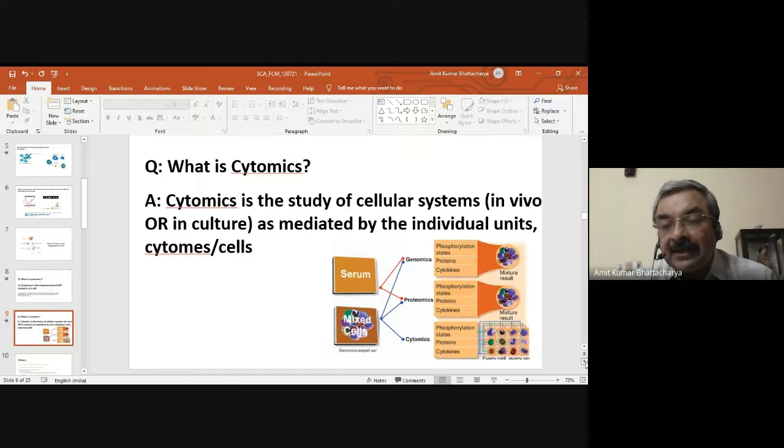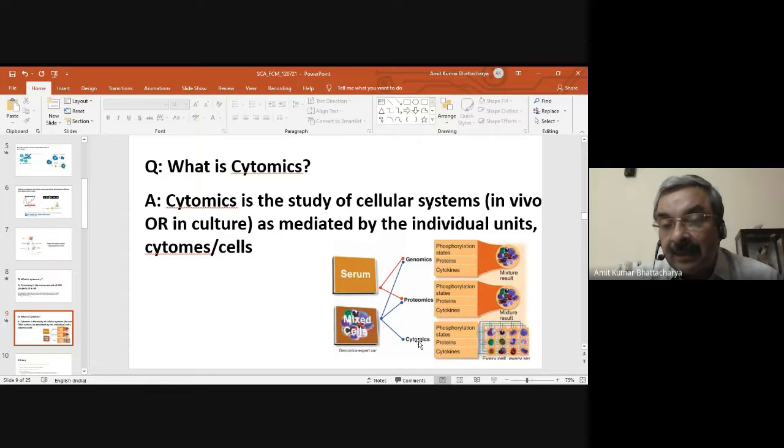But cytomics is different from genomics and proteomics, because in genomics and proteomics, you don't define the unit in which you are looking at these. You just take up a total mass of tissue and find out what all genes are present there or what all proteins are present there.